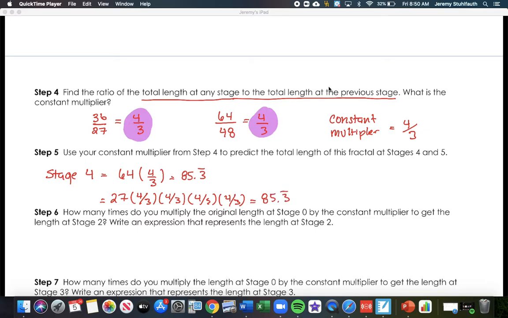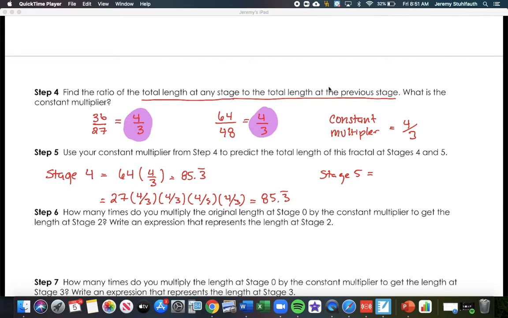All right, and so what you see is to predict the length of stage 4, you could take your initial amount and multiply it by the constant multiplier 4 times. So if you wanted to find stage 5, you could use our number from stage 4, 85.33, but that's a repeating decimal, and if we only put 85.3, that would take some rounding into consideration.